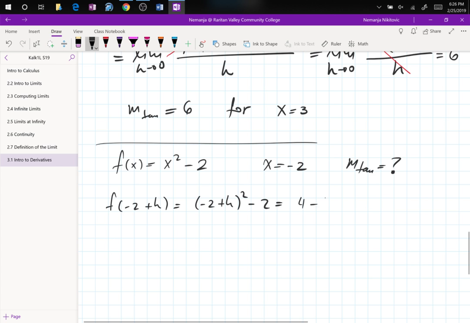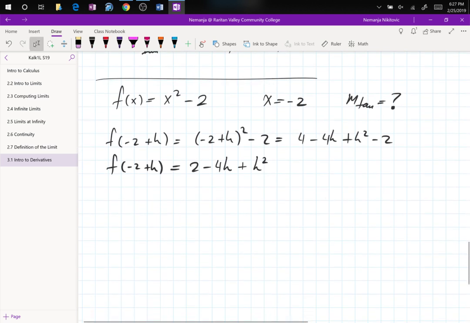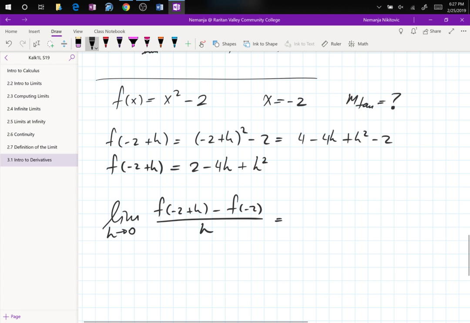There's going to be 4 minus 4h plus h squared minus 2. So f of -2 plus h is 2 minus 4h plus h squared. Plug everything in. Limit h goes to 0. F of -2 plus h minus f of -2 divided by h. So how much is this?